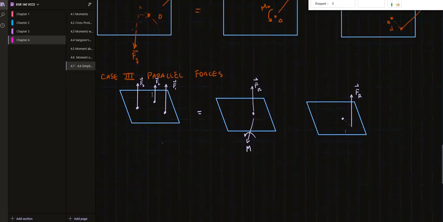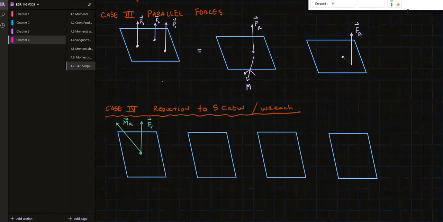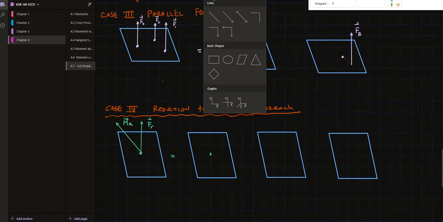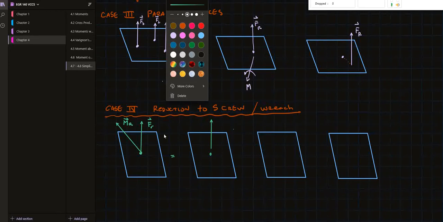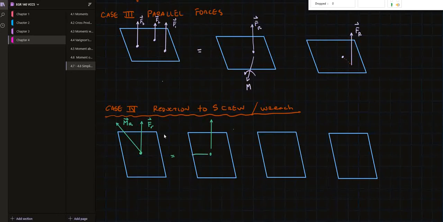So the last case is the most general, where I have a resultant moment and a resultant force. This is equivalent to, I'll keep the resultant force the same here, and then what I'll do is come up with two components to my moment.